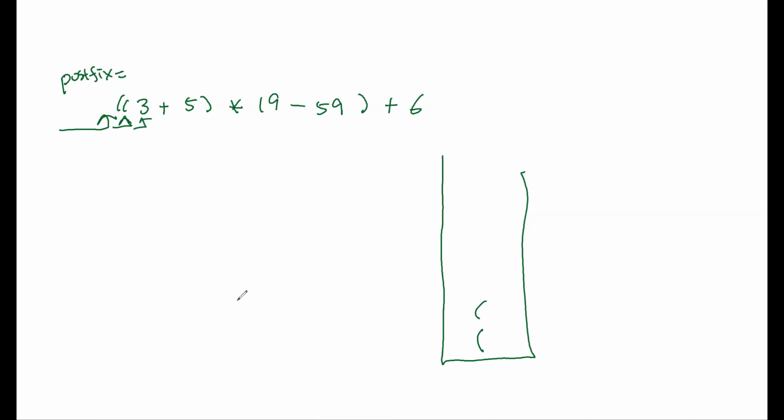Number 3, appended to the expression. Next one is the plus operator. Push it to the stack. Very good. Number, appended to the expression. Very good. Right parenthesis. Pop the top and append it to the postfix.